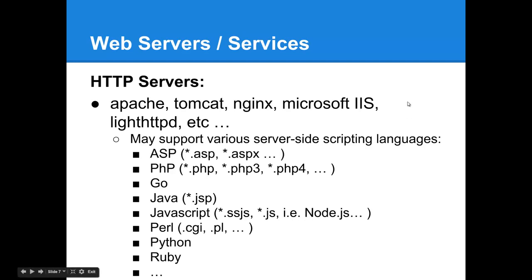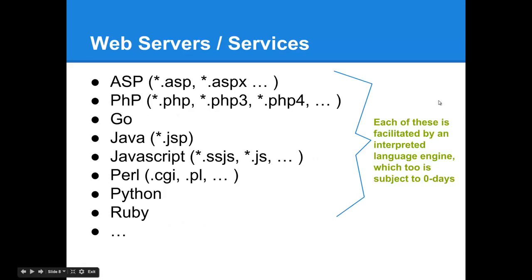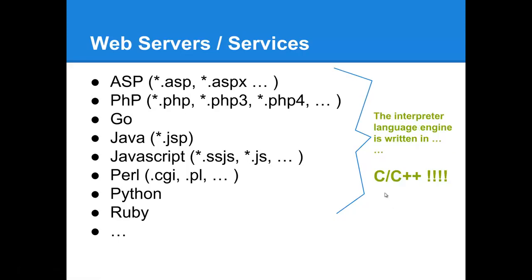In order to do that, they have to have a corresponding interpreted language engine, as is the case for any scripted language. And that too is subject to vulnerabilities. Usually they are written in C and C++, and that is true for every single one of these examples.